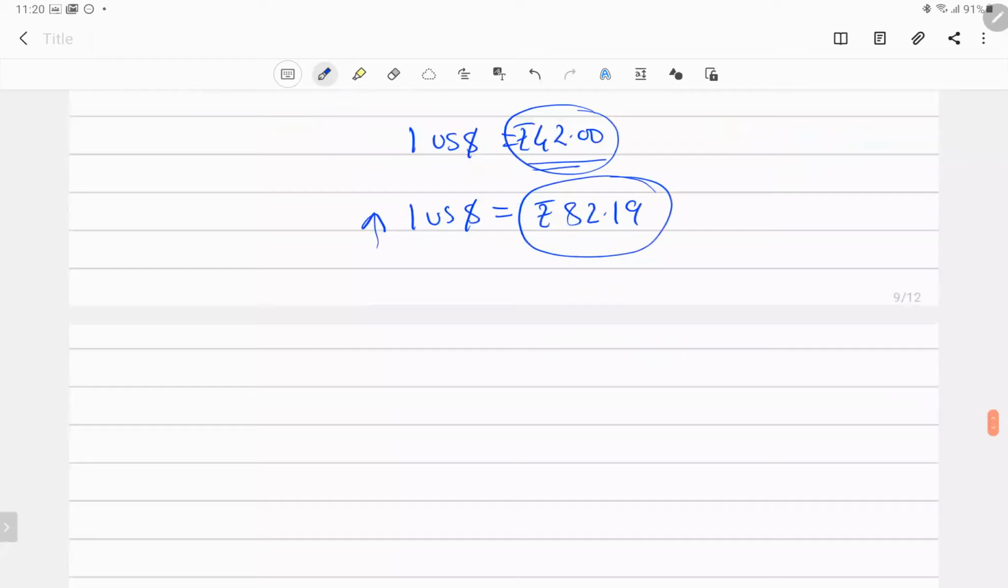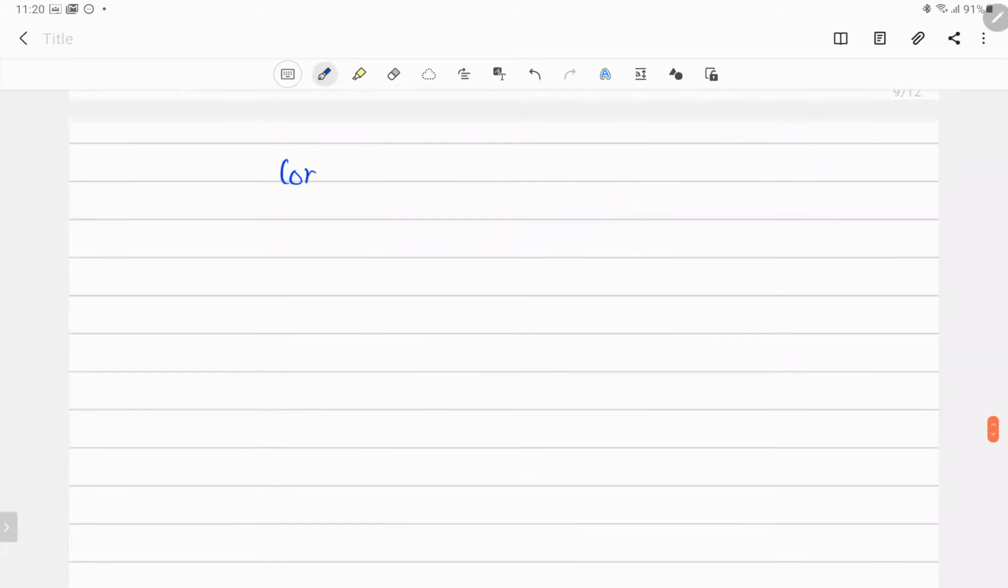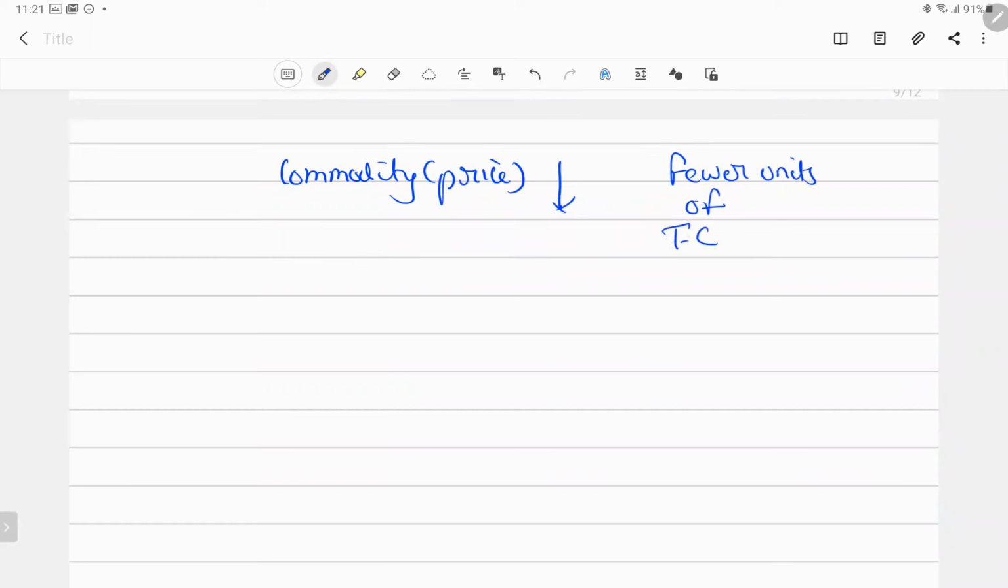The same way, suppose the commodity price falls, okay, then you have to pay only fewer units of the term currency.